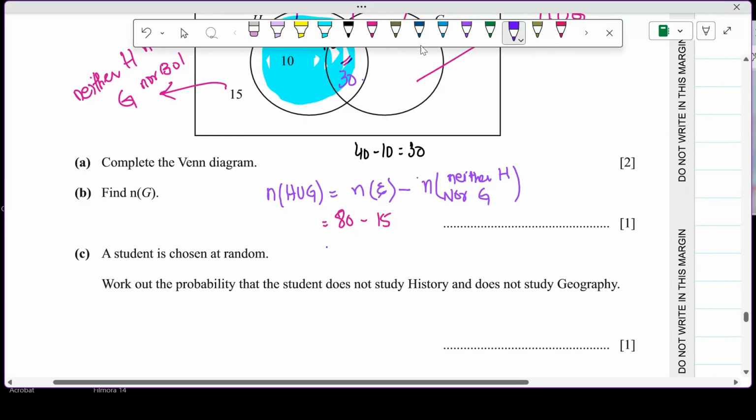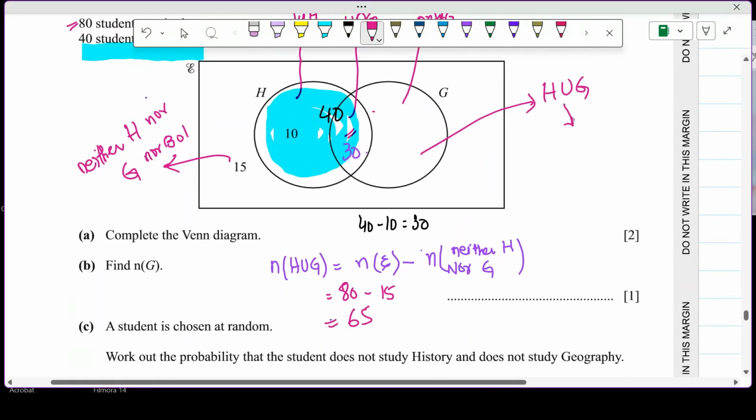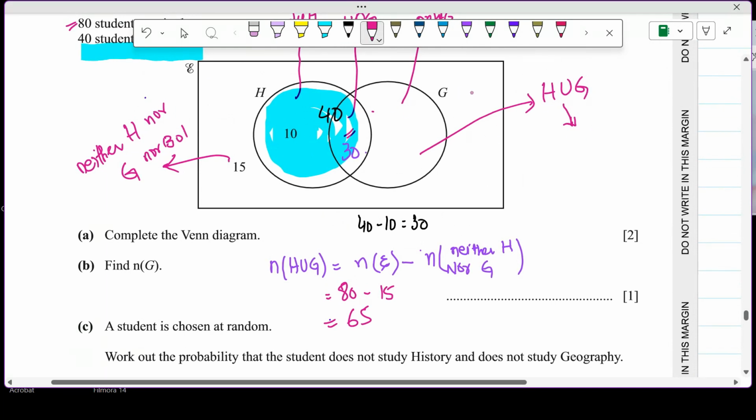So 80 minus 15 is equal to 65. So 65 students are those students who are studying either history or geography or both.